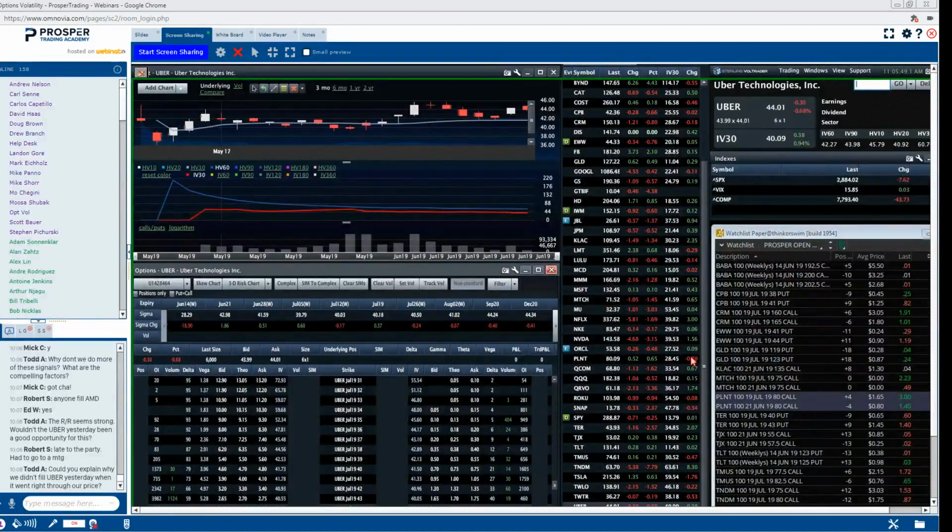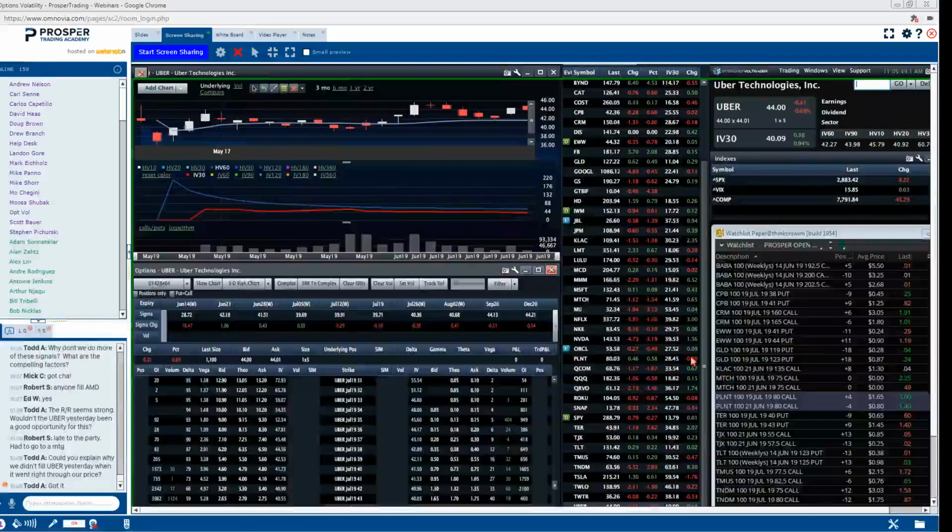I never want to overcomplicate things, right? I want to take the easiest trade setup that offers us the proper or best reward to risk. No need to overcomplicate things. Make sense?